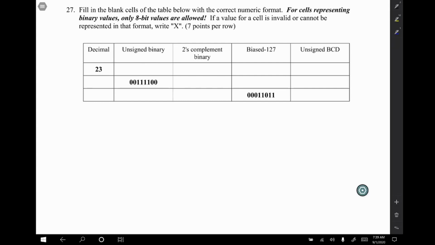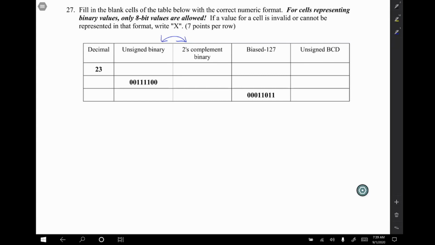So first of all, let's just look at some tricks. Notice that unsigned binary and two's complement are very closely related. In fact, all the columns are closely related. But for unsigned binary and two's complement, if you're looking at the positive values, how do we know that it's a positive value?